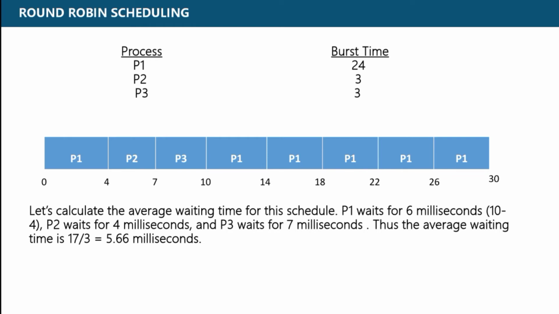So instead of consuming the whole 24 milliseconds burst time, what round-robin scheduling does is divide the 24 burst time into parts. Since P1 is allocated the CPU after 4 milliseconds, that is why we have 10 minus 4, and after the 10 burst time, it is divided until it finishes the total burst time for P1. And that is what we call round-robin scheduling.